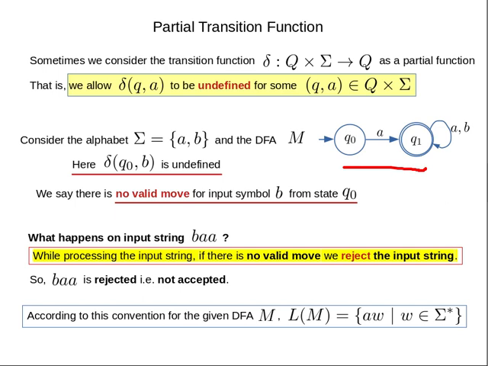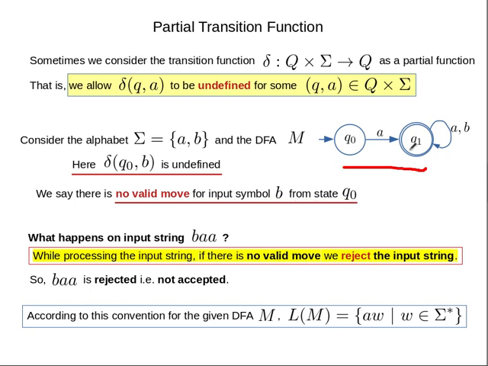We sometimes say that there is no valid move. So we already stated that there is no valid move for input symbol B from state Q0.